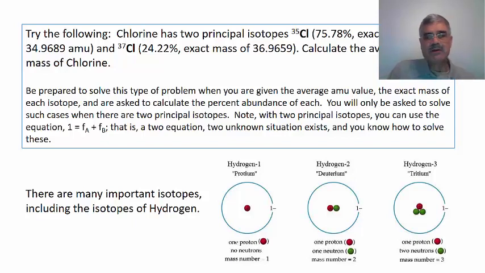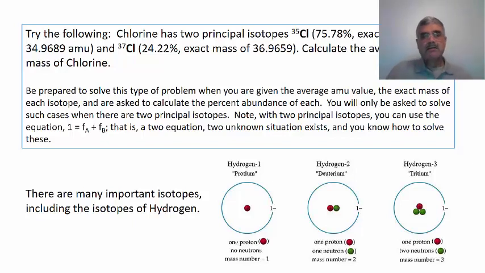And the second isotope of chlorine, chlorine-37, exists as 24.22% of the natural abundance of chlorine, with an exact mass of 36.9659. Again, close to 37, but not exactly. So calculate the average atomic mass of chlorine given the fact that it exists as these 2 isotopes. You can pause and solve the problem and turn the video back on again.